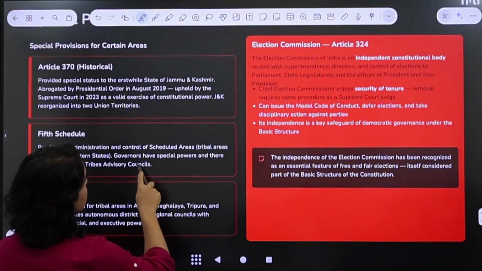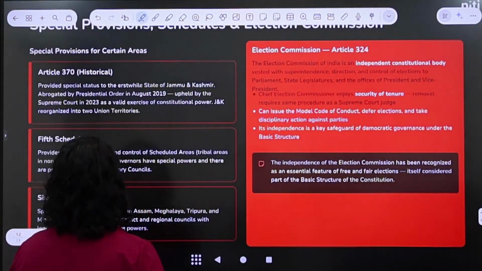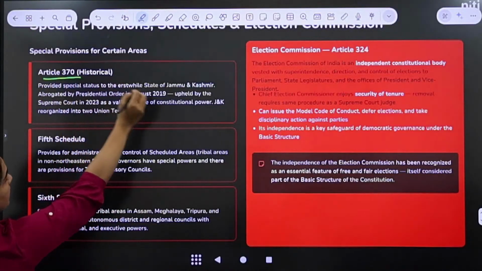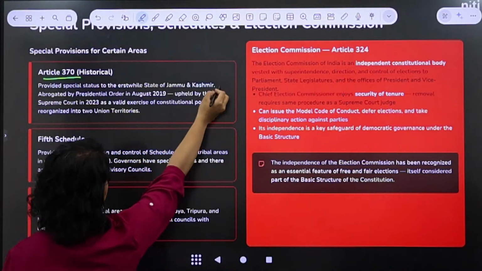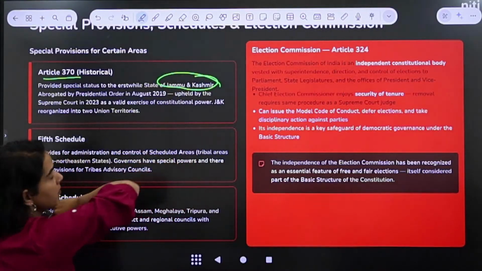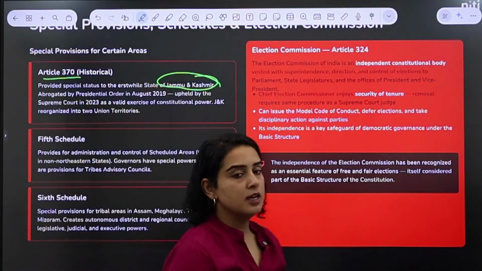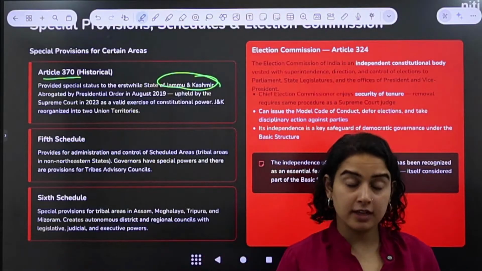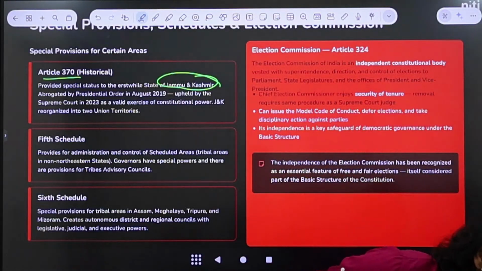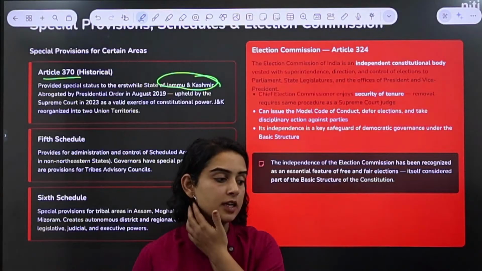A few special provisions, let's understand. First, of course, is Article 370, which provided special status to Jammu and Kashmir. If you remember, before 2019, Jammu and Kashmir had a different constitution altogether, right? They were not obeying India's constitution.